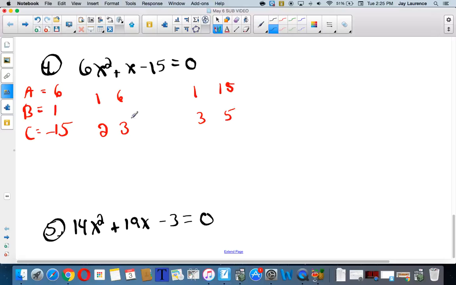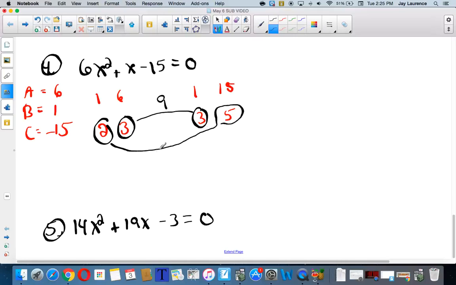It looks like I've got a 9 and a 10. 3 times 3 is 9. 2 times 5 is 10. And I want a positive 1, so it's going to be a negative 9 and a positive 10. Right? That'll give me a positive 1. So now I'm ready to factor. So I'm going to have a 2x and a 3x.